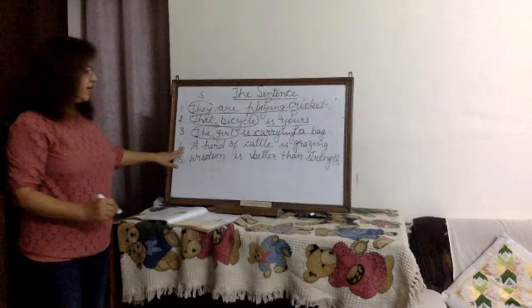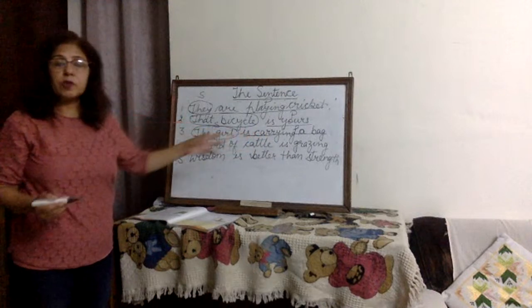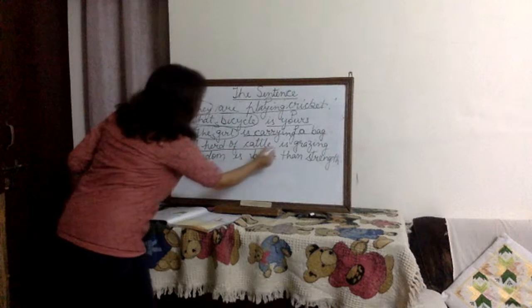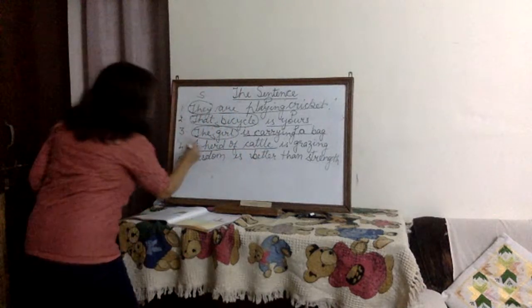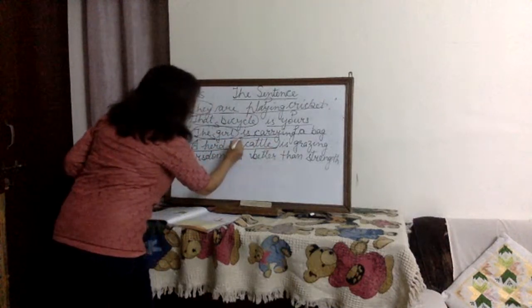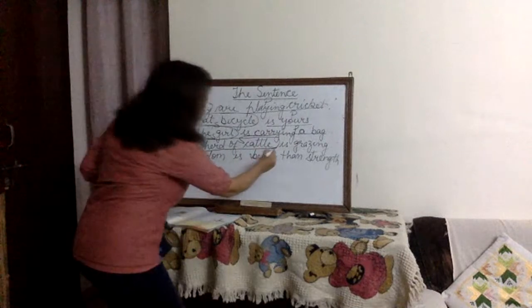Sentence number 4 is a herd of cattle is grazing. We are talking about what? A herd of cattle. So a herd of cattle is subject. What is the herd of cattle doing? Is grazing.